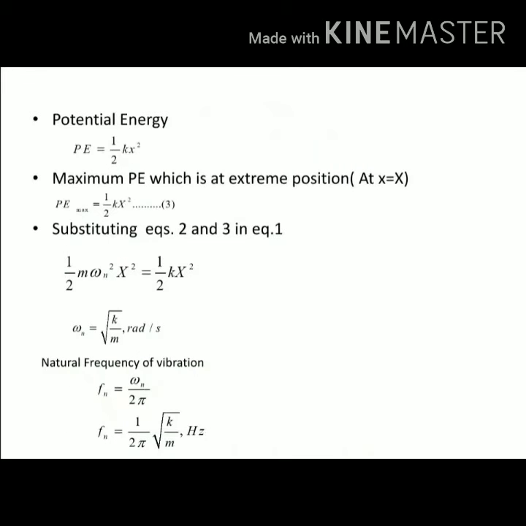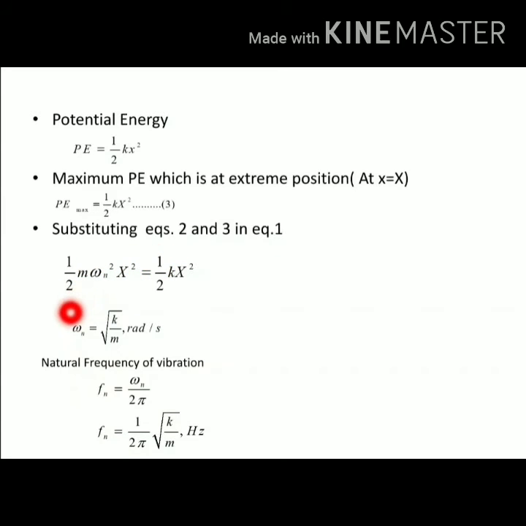And potential energy, we know that potential energy is equal to half k x square. Maximum potential energy, which is at extreme position, that means at x is equal to capital X. So maximum potential energy P max is equal to half k X square. Substituting the value of equation 2 and 3 in equation 1, so we get K max is equal to P max.